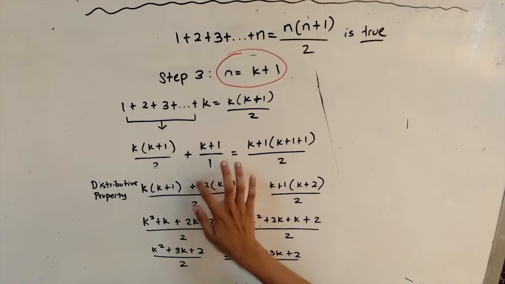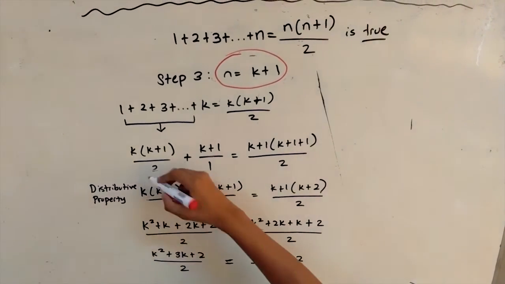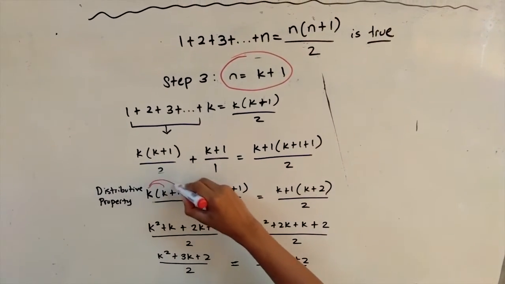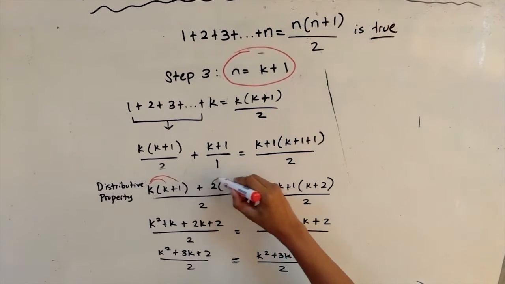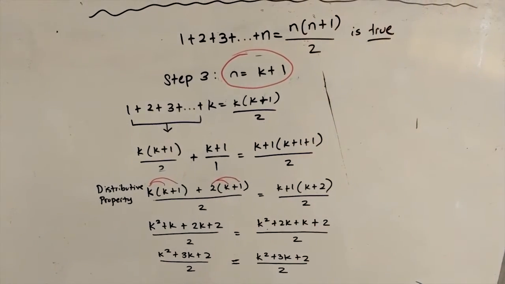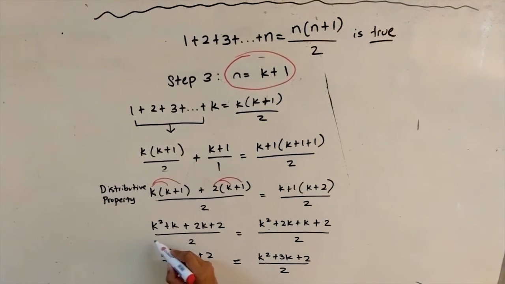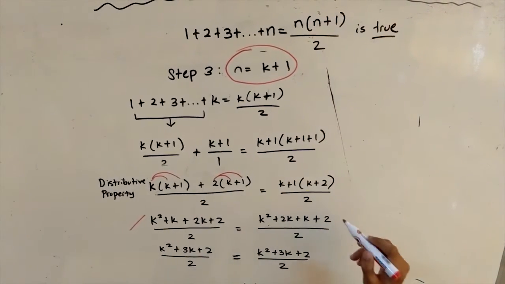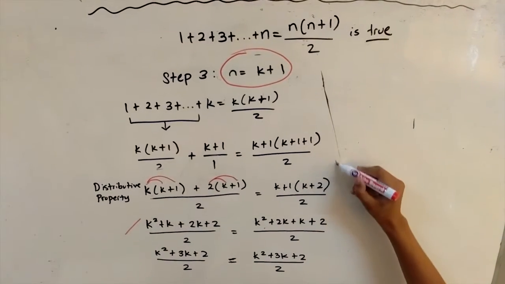In this equation, we're going to apply the distributive property wherein k will be distributed inside the parentheses. Then we come up with this answer. Then, in the right side, we're going to apply FOIL method.